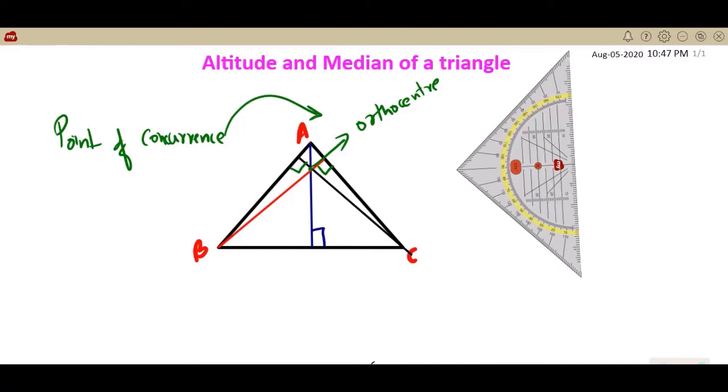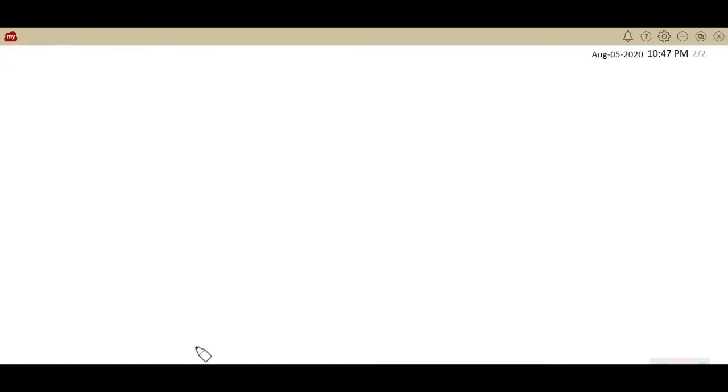Okay, let us think about the next topic, what is called median of a triangle. So be very clear about altitude now. We'll think about the next one, what is called median of a triangle.